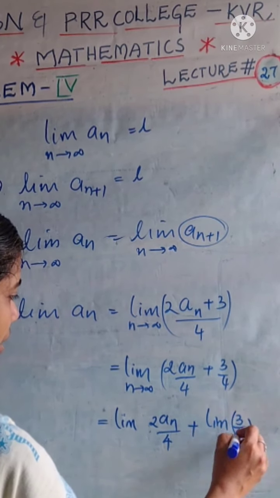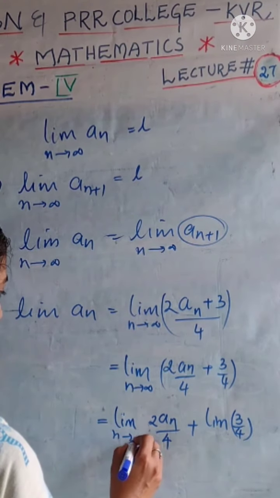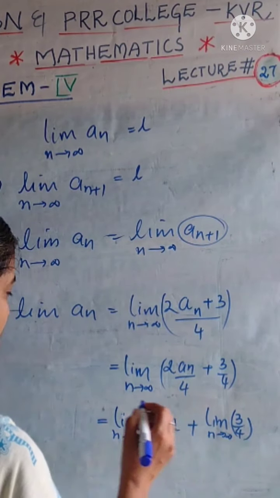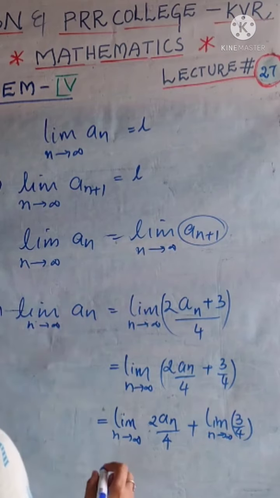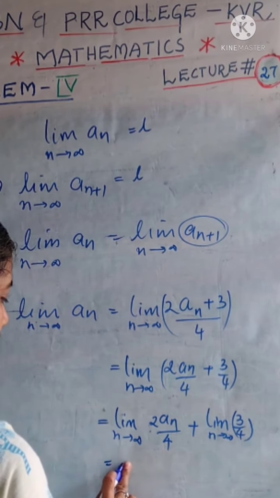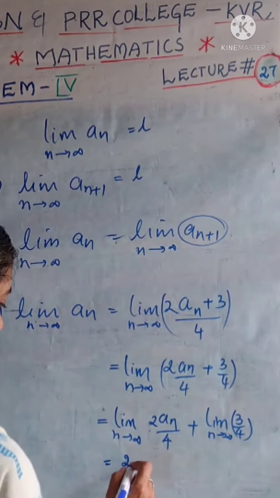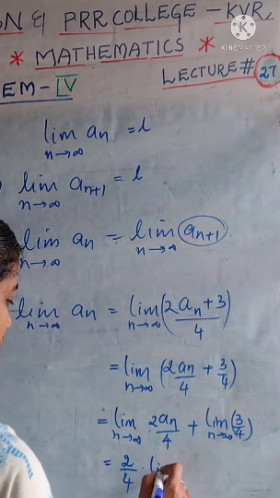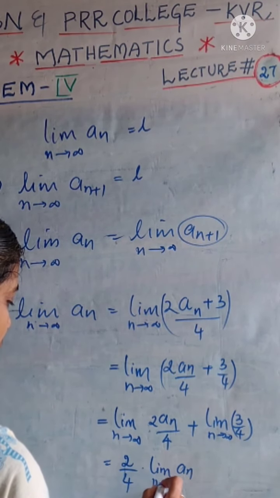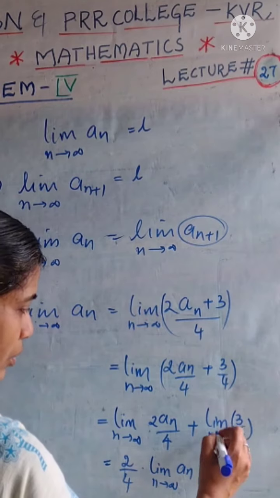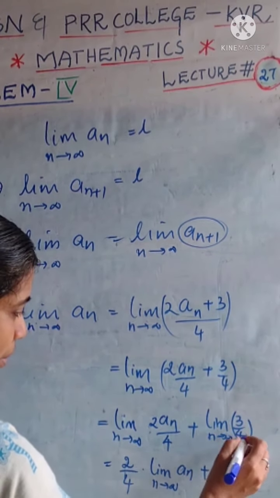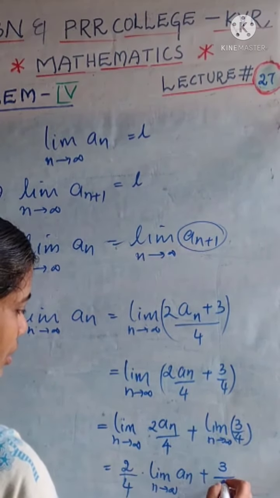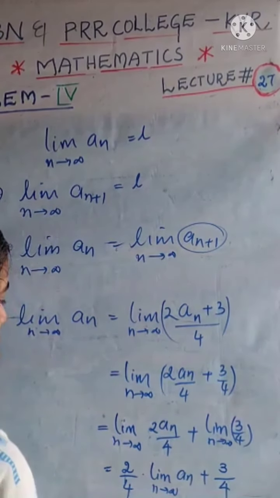Also, we know that the limit of a constant is the constant. These limits, when n tends to infinity, are equal to, taking 2 by 4 outside because it is a constant, 2 by 4 into the limit of an, plus the limit of 3 by 4. Because 3 by 4 is a constant, the limit is the same constant.